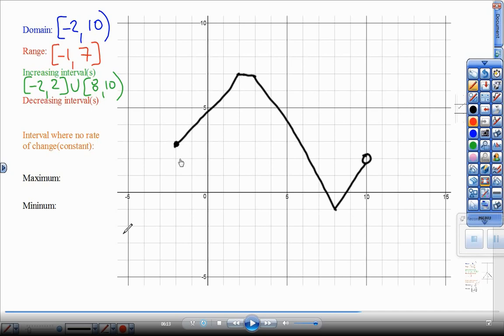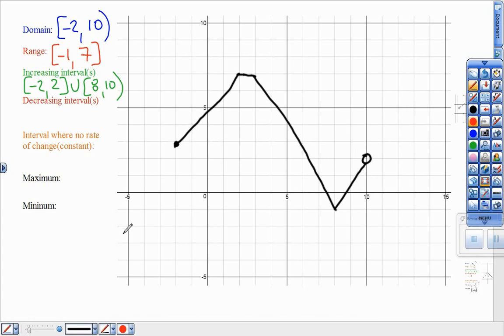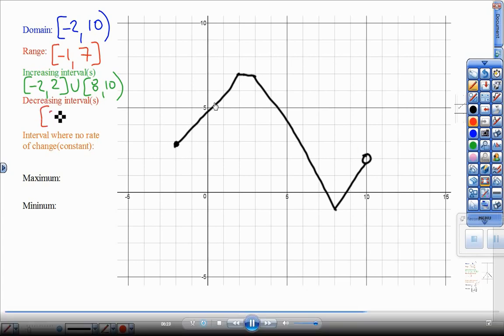So from -2 to 2 it's increasing. Also, use this little union symbol. It's also increasing from 8 on the x-axis here to 10. 8 closed square bracket to 10 rounded bracket. So those are the 2 places where it's increasing, going up from left to right.